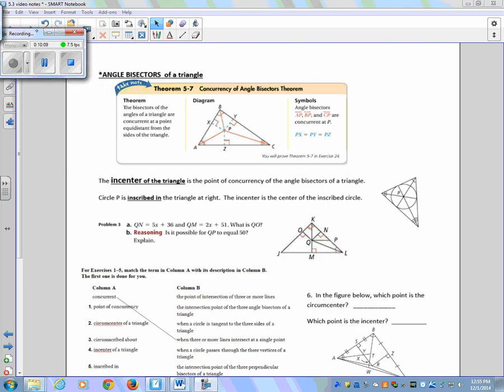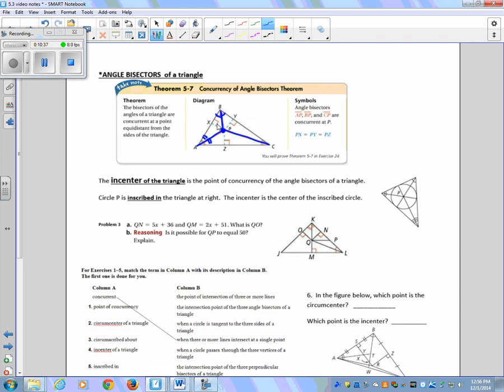So what about the angle bisectors of a triangle? Well, same idea. If you take a triangle and you construct the angle bisectors, the segments or lines that go through the middle of the angles, dividing the angles into congruent pieces, those three angle bisectors are also going to intersect at one point.